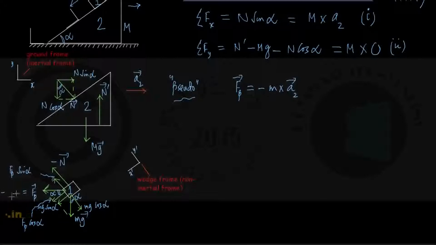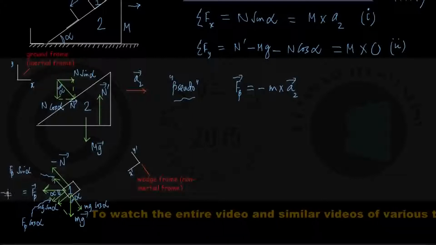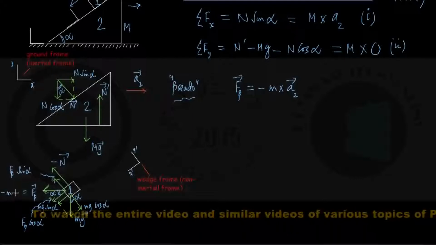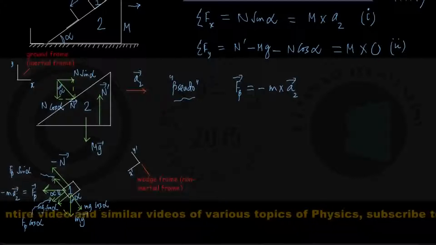This minus signifies that the direction of this pseudo force is opposite to the acceleration of the wedge from where this block is being observed. X dash y dash frame is attached to the wedge. So this is nothing but minus m, the mass of the block, into the acceleration of the wedge frame from where the block is being observed.